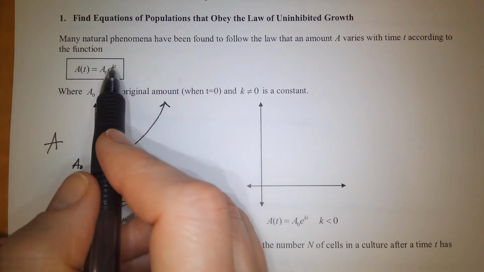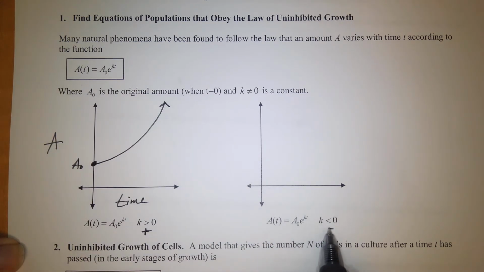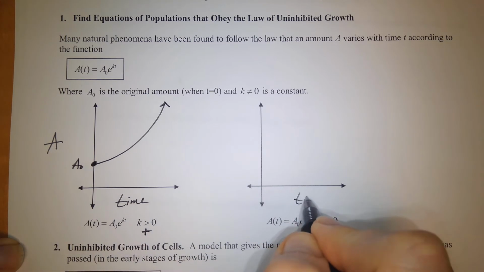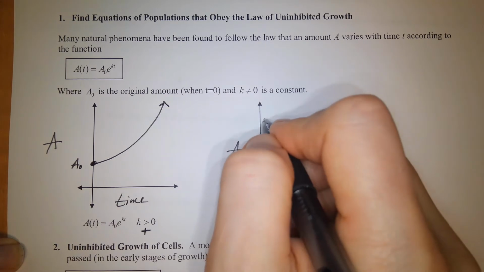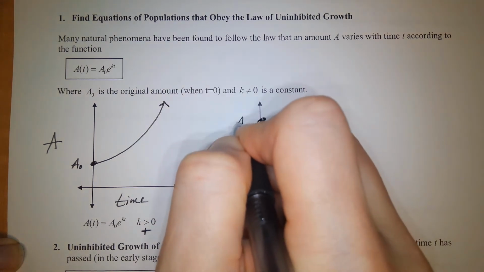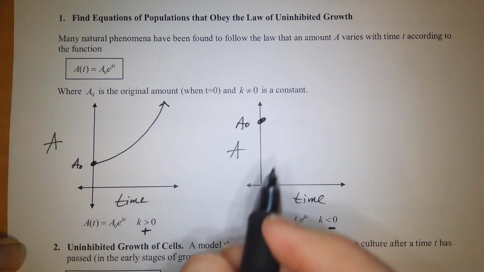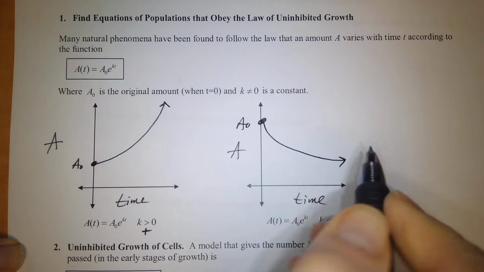However, if K happens to be a negative number, that means we'll have an exponential decay problem. That means we are losing amount day to day. So if it's a decay problem, we start with a lot initially of the substance, and then we lose an amount exponentially over time.